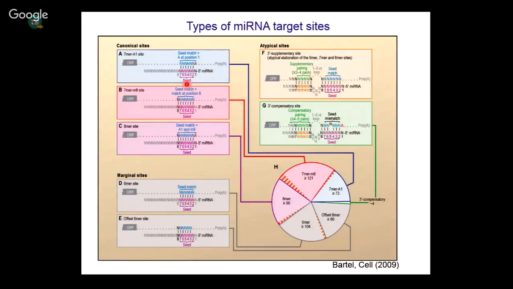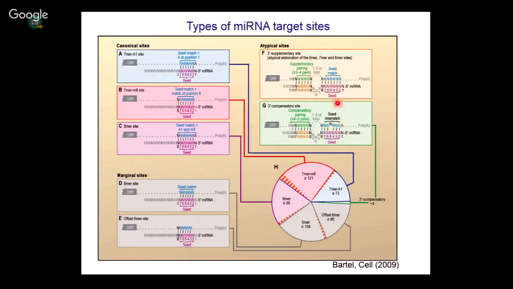Those are the 7mer-A1 site, meaning the first position has to be A, and the 7mer-m8 site. Those seed regions all contain a perfect match from the microRNA to the target. Sometimes a shorter seed region can also be recognized by the microRNA.